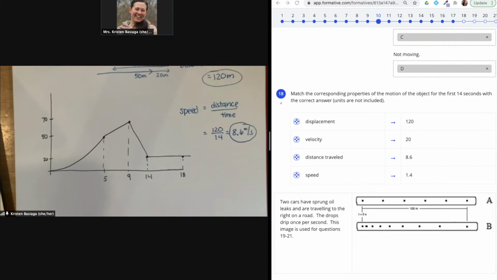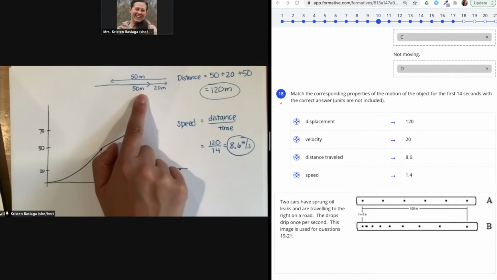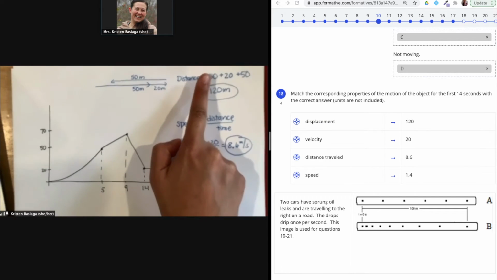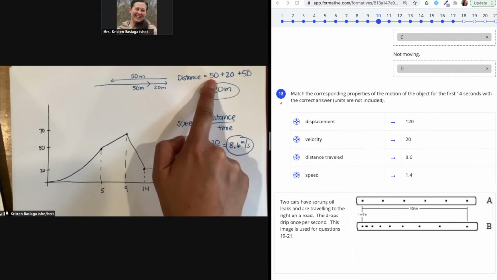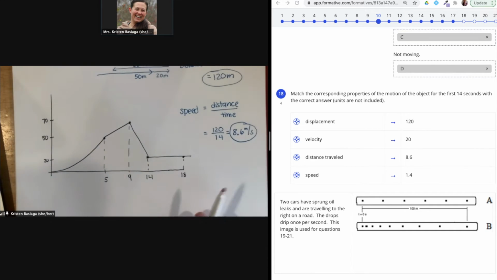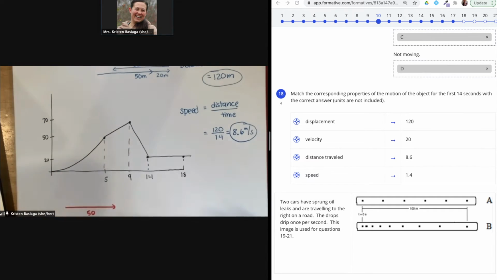To calculate displacement, I'm going to do the same drawing logic of drawing the types of motion like I did for distance, except anytime it travels backward, those would count as negative directions. So let's see what this looks like. In section A, they walk 50 meters forward. In section B, they walk another 20 meters forward.